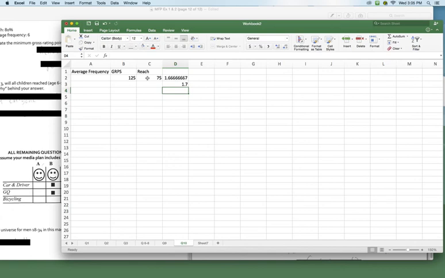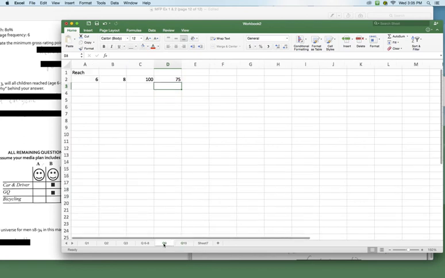So this is the average frequency for this particular magazine schedule based on the amount of GRPs, based on the reach. And this is more or less how you solve for these equations. So again, not very difficult to do, but the important thing is that not only are we getting the answers and understanding some of the formulas here, but we may also be able to plug in some of this information in much larger scale data.